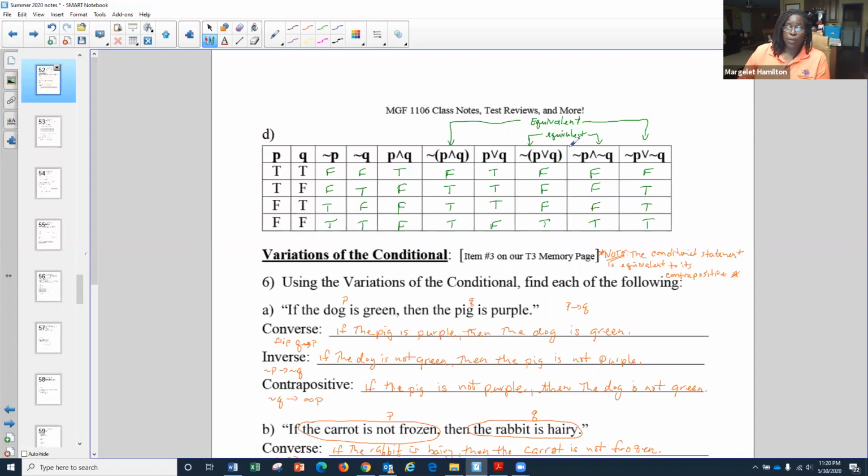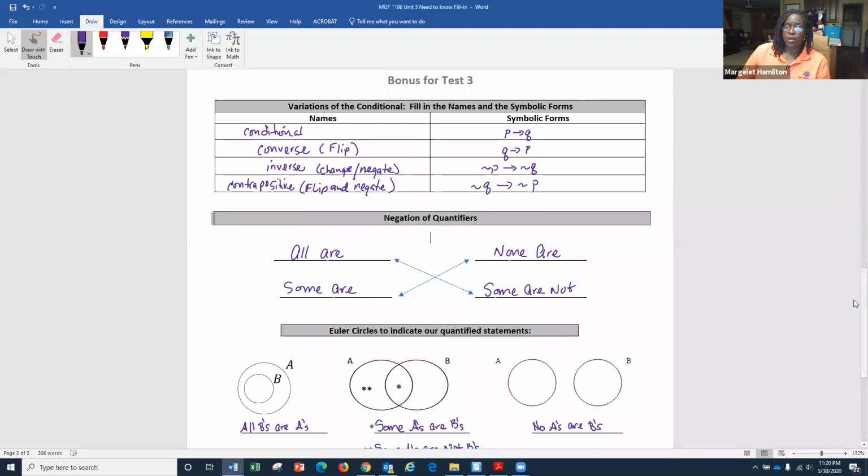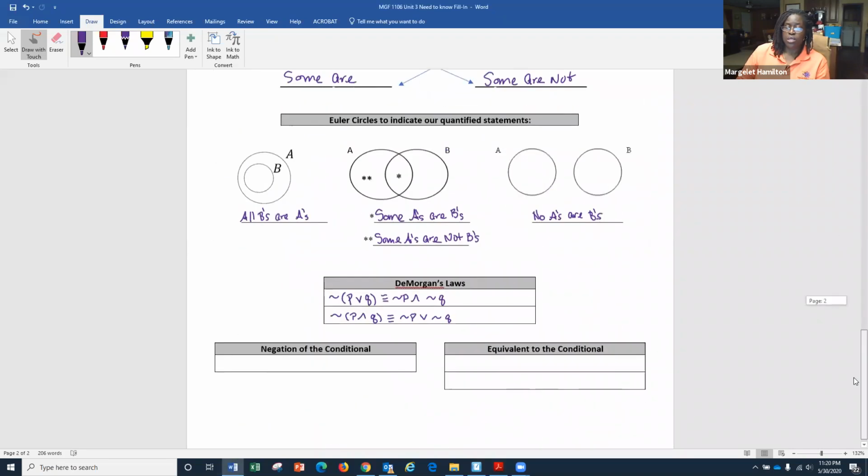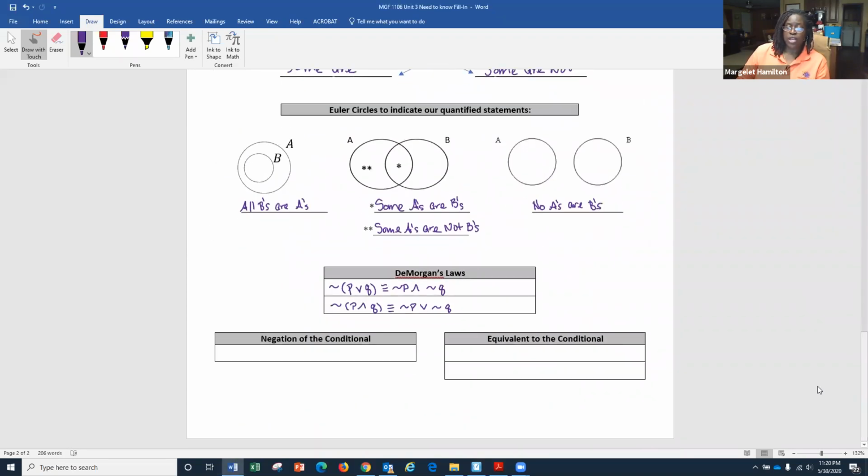Again, I'm going back to our need to know sheet. We'll fill that in here at the bottom of our second page. Negation of P or Q is equivalent to, remember, start distributing negation in there, a negative sign, and you have to touch it.